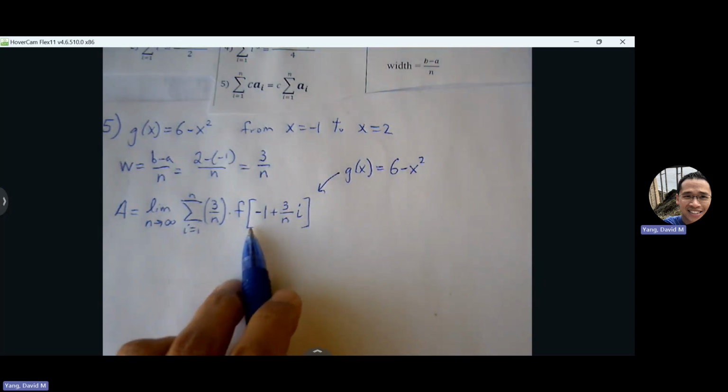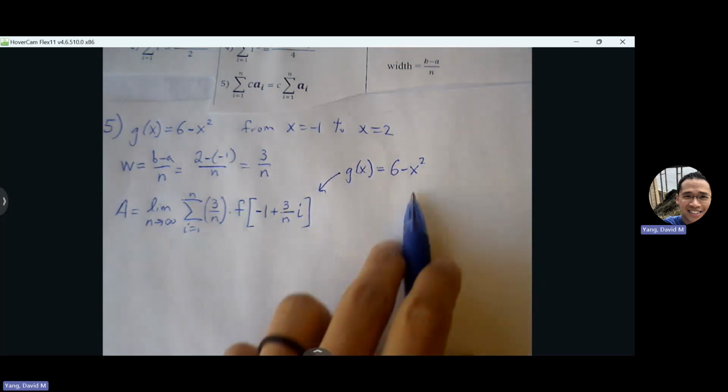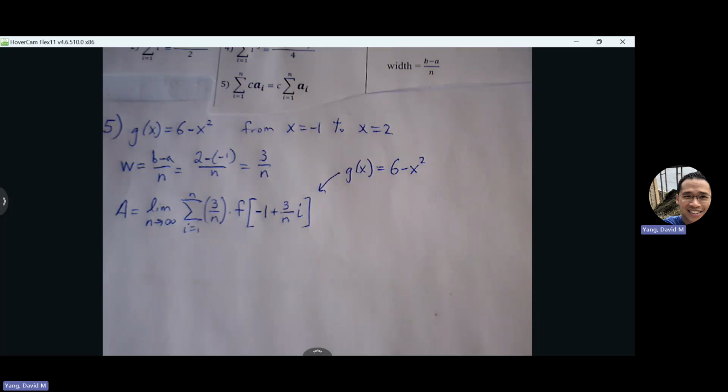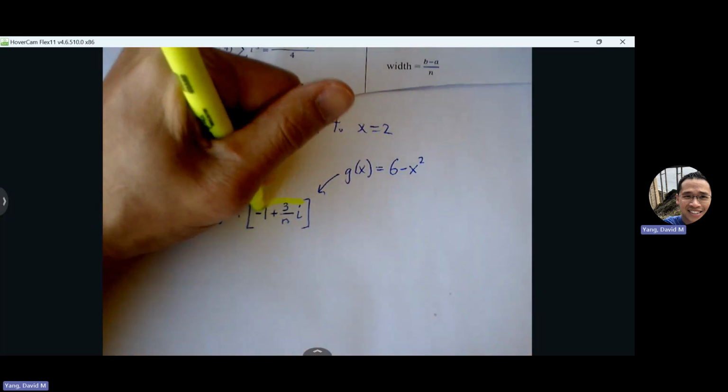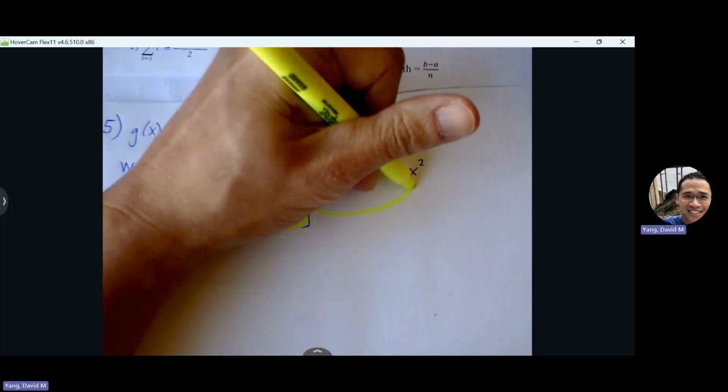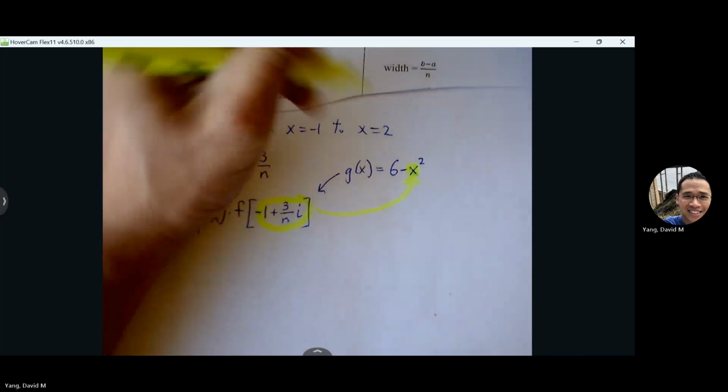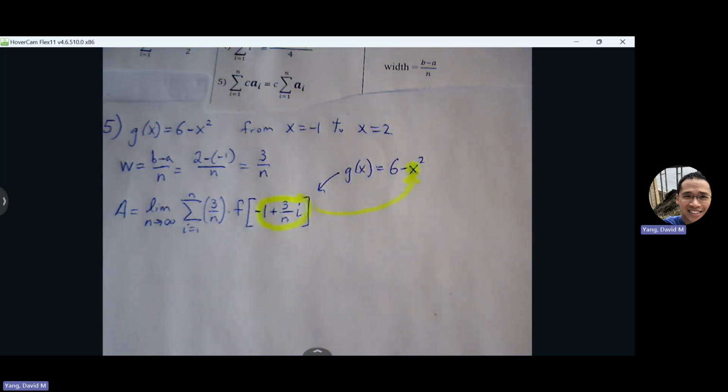So in order to get this out of function notation, we have to do some substitution, right? So everything that we see here is going to go into the x of that function.